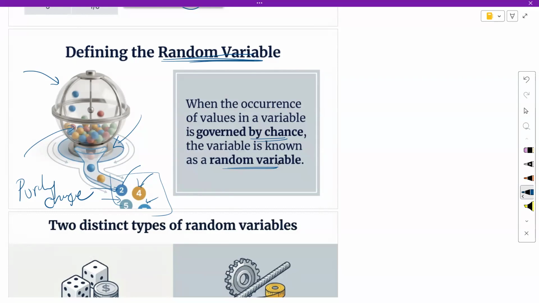And when we toss a coin, we get the outcome head or tail. It's governed by chance, so that is a random variable. A machine produces some goods. There are possibilities of getting good items and defective items. The producing of defective items is based on chance.